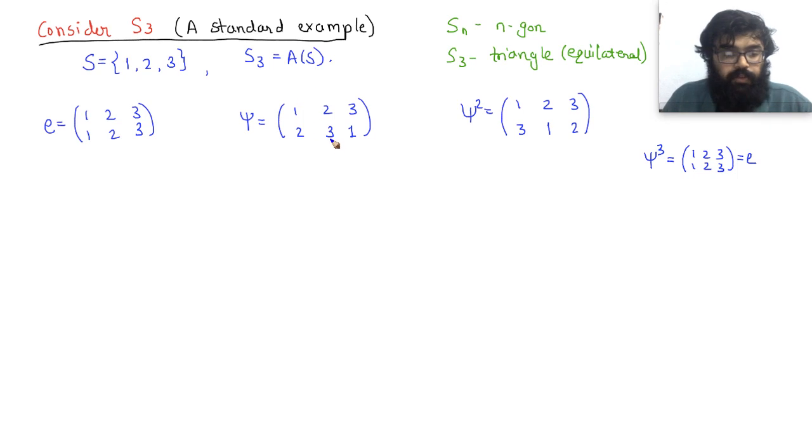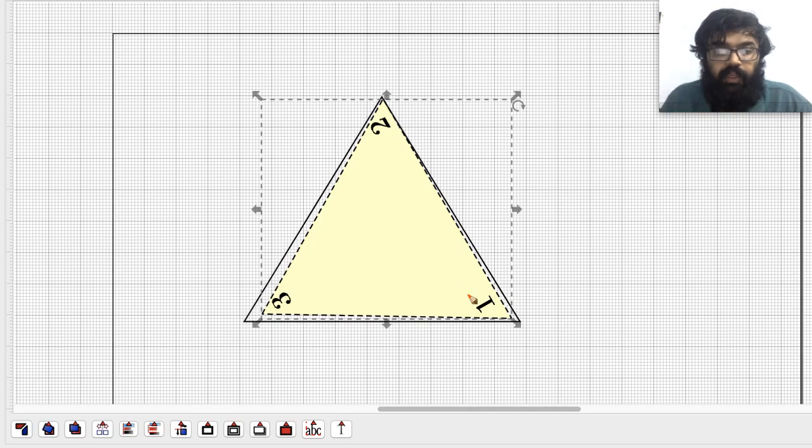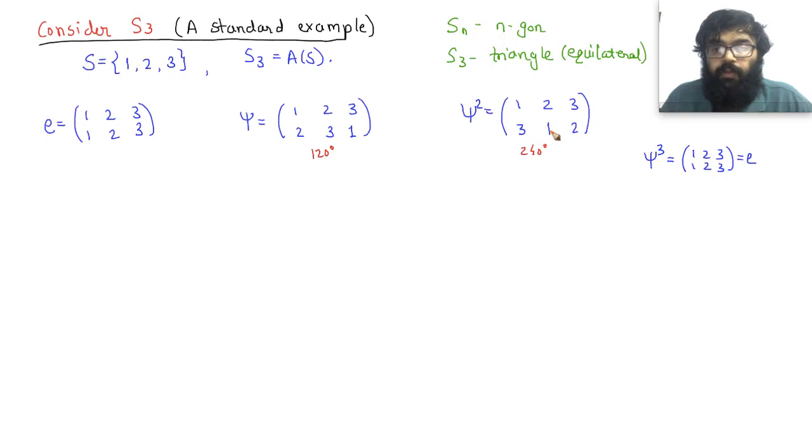Suppose this is 120 degree rotation, this is 240 degree rotation, and so what was minus 120 degree rotation? 312. But 312 is this, so this is the same as minus 120 degree rotation.